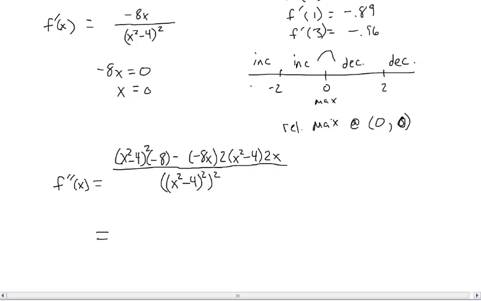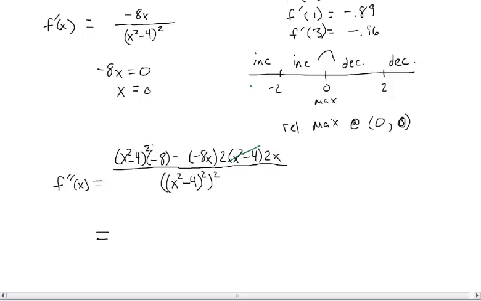So if you notice, we have x² − 4 on both sides of our negative sign here, so it's in both terms and it's in the bottom, so we can simplify this. So we have one factor here that we can get rid of.